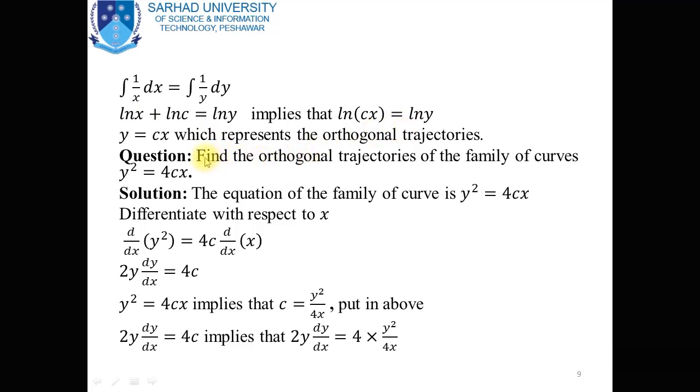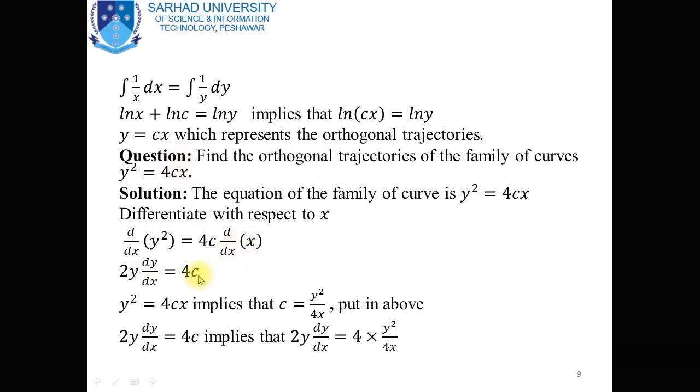Now another problem: find the orthogonal trajectory of the family of curves y square is equal to 4cx. First of all, find the differential equation of this family of curves. We get 2y dy by dx is equal to 4c, since the derivative of x is 1.